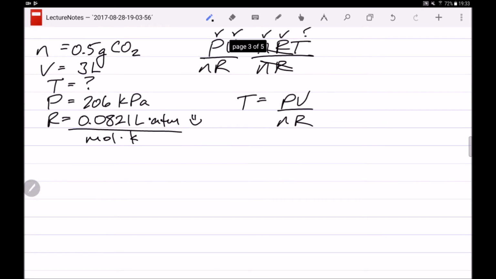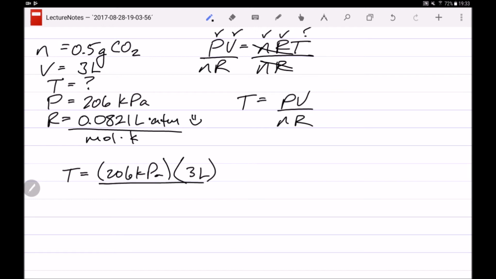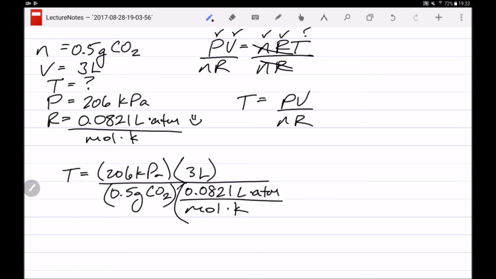This time, for funsies, let's just keep R on the bottom, and I'll show you how the units work out when you don't multiply by R's reciprocal. So T equals P, which is 206 kilopascals, V, which is 3 liters, n, which is 0.5 grams of carbon dioxide, and then R, which is 0.0821 liter atmospheres per mole Kelvin.